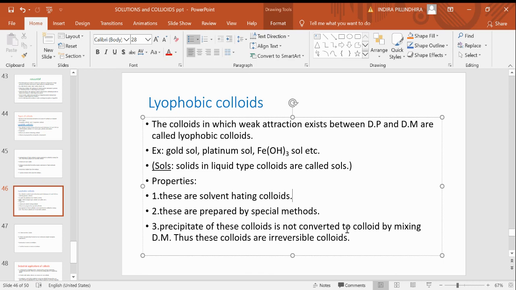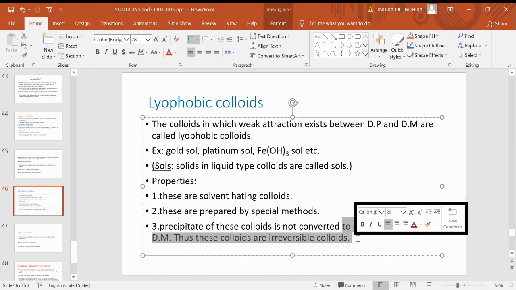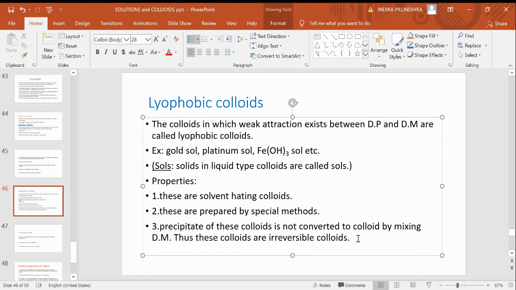The precipitation of these colloids is not converted to colloid by mixing the DM, thus these colloids are irreversible colloids, whereas lyophilic colloids are reversible colloids. Now we'll continue the properties of the lyophobic colloids in the next slide.